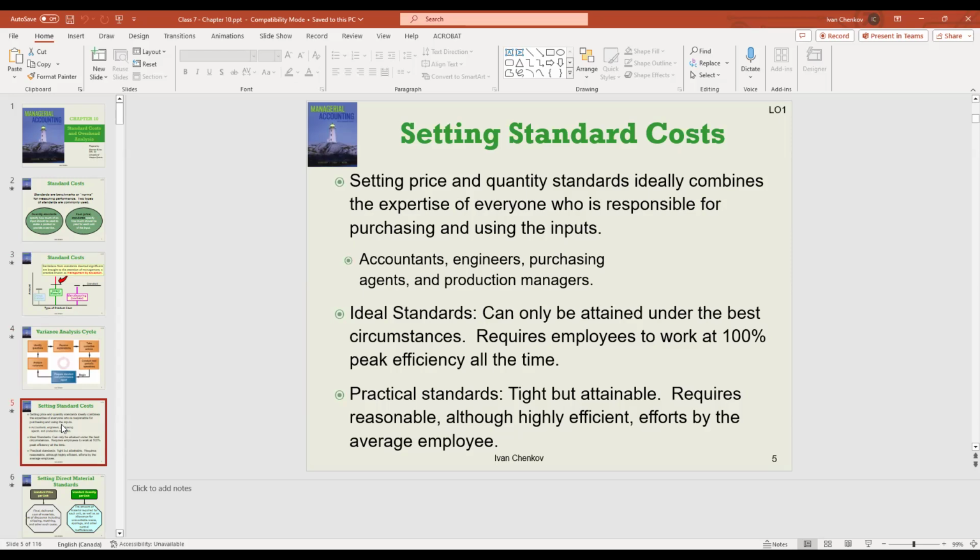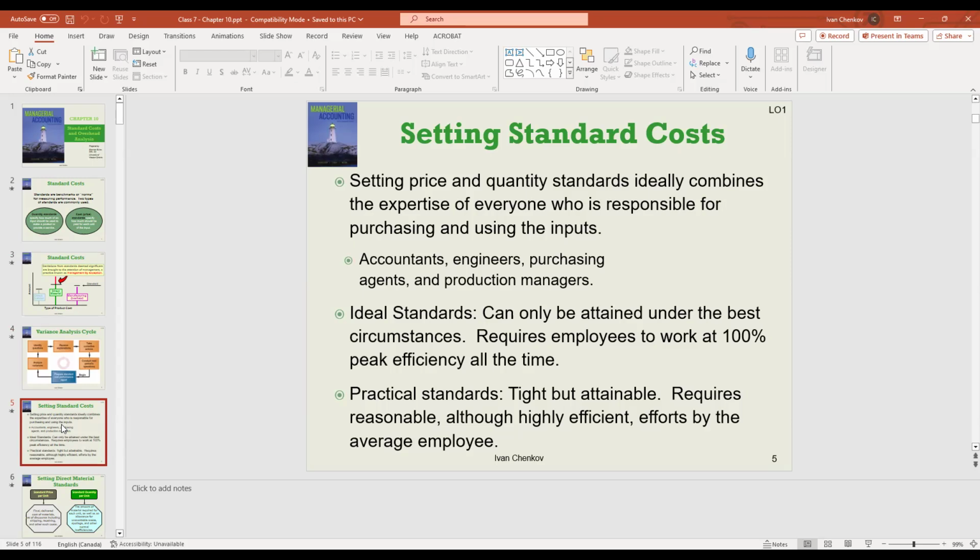We're going to ask the people who are actually responsible and have more knowledge about the quantity usage and price. For the quantity, we're going to ask engineers and production managers. They'll be the ones who know how much material has to be used in our production. For the price, we can ask the purchasing agents and accountants.